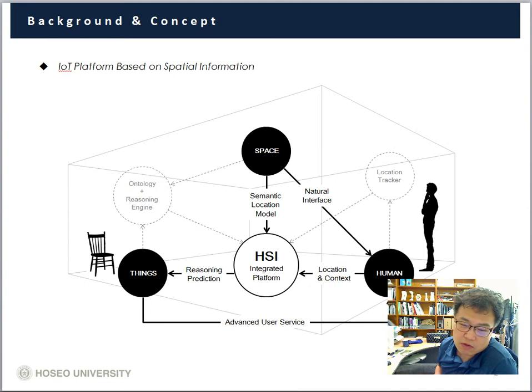Okay, why do we have to use spatial information? IoT is the Internet of Things. The IoT is considered one of the most significant technologies in the fourth generation industry. But most IoT service systems overlook the spatial information.